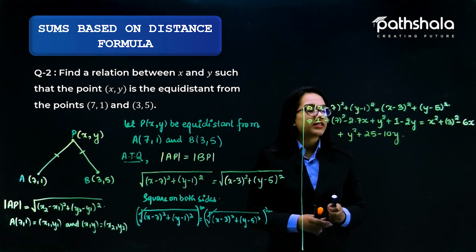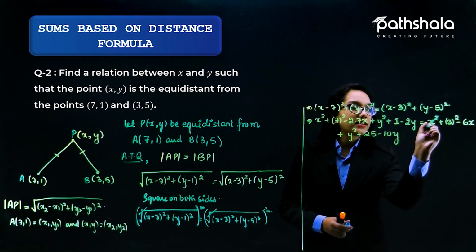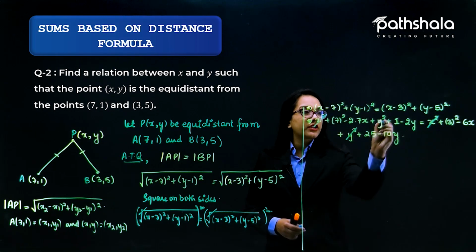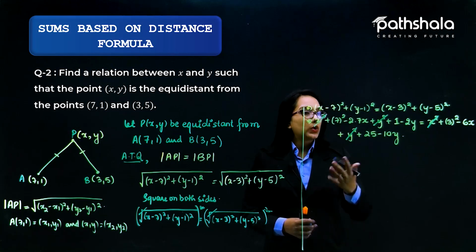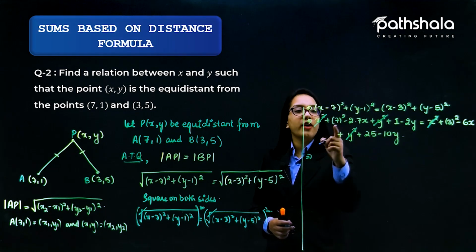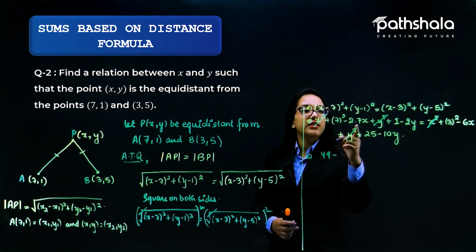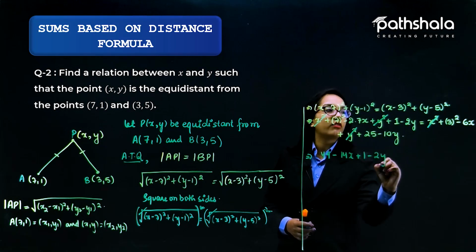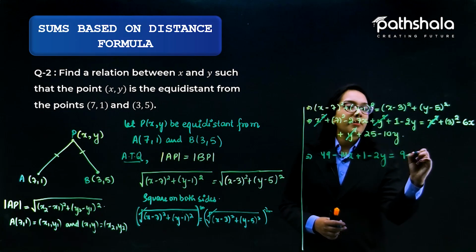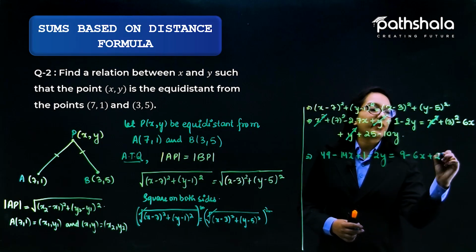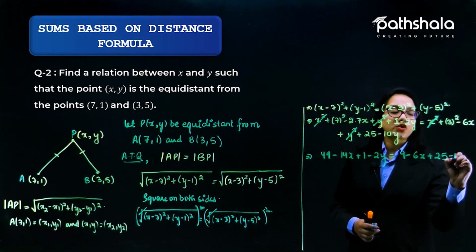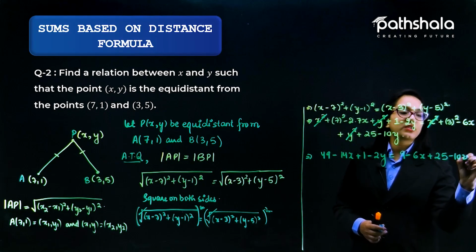As we have an equality sign, x square gets cancelled with x square, and y square is positive on both sides. So we have 7 square, which is 49, minus 14x plus 1 minus 2y, which is equal to 9 minus 6x plus 25 minus 10y.